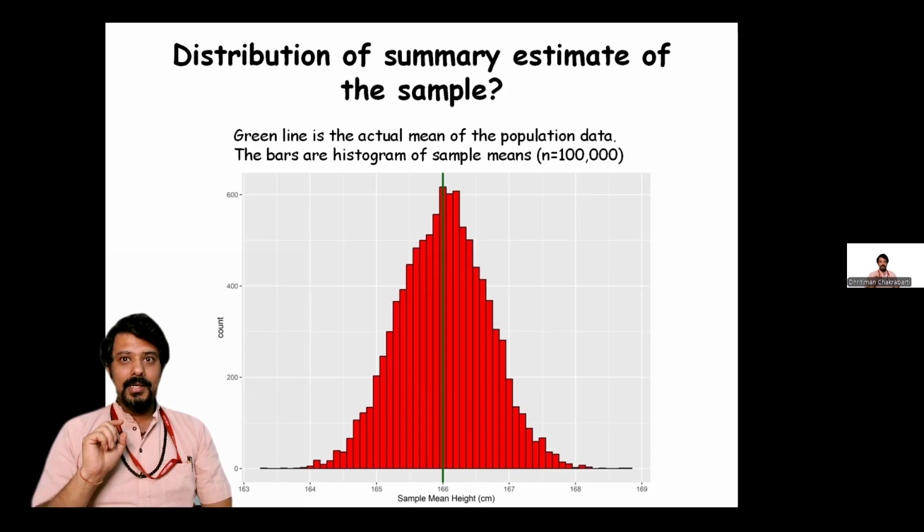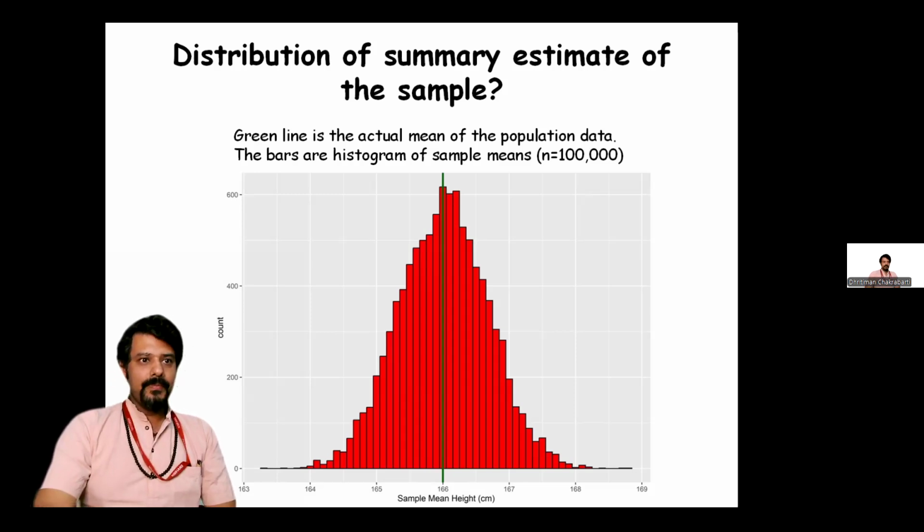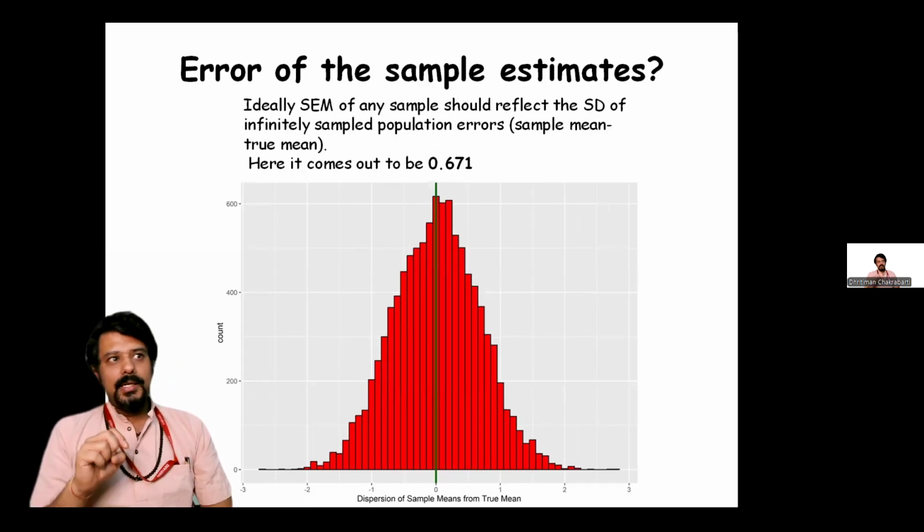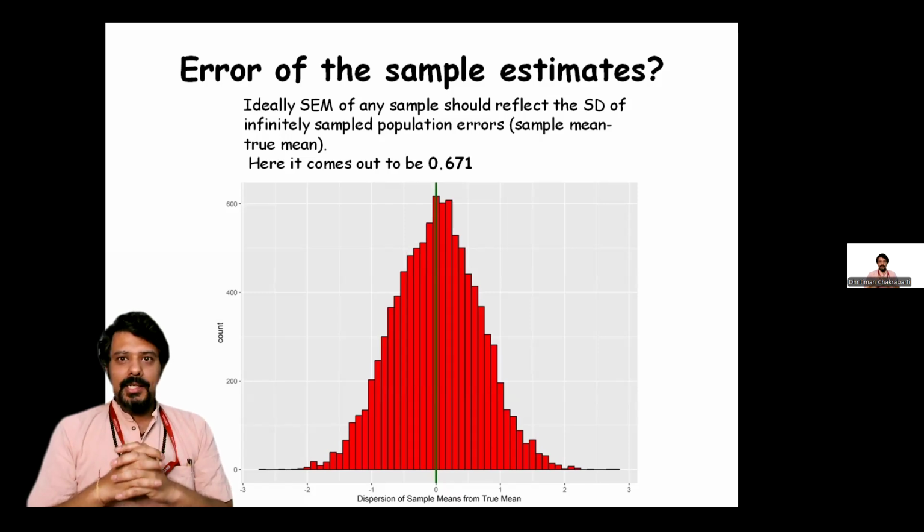If you sample randomly from a population, the distribution of the summary statistic of each of those samples is going to resemble the distribution of the parent population.